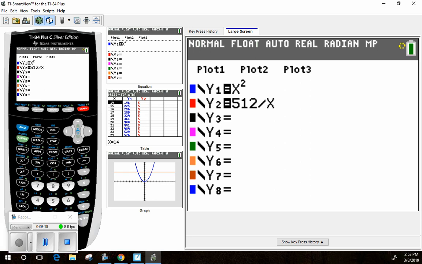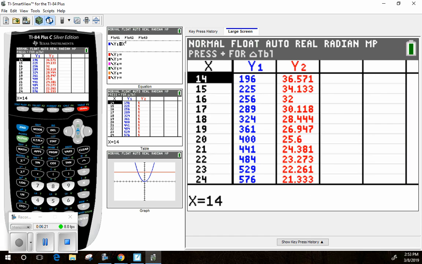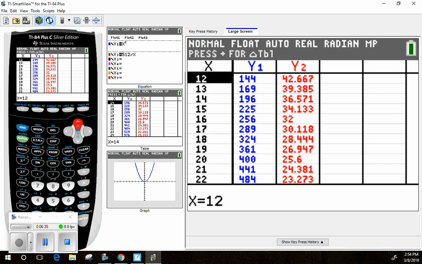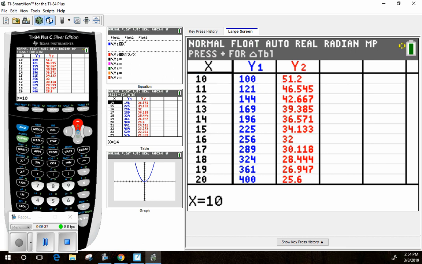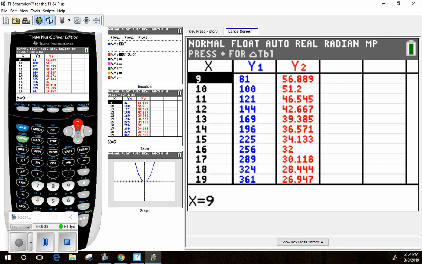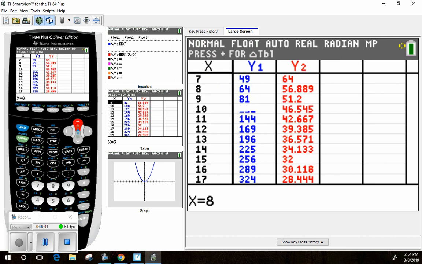So I could even leave those two things side by side and look here on the red for factors that go into 512 and compare that to what I might have over here. If you don't find that helpful, then don't do that. But I'm looking at, here's my perfect square list, and I'm looking to see if there's anything I hit.